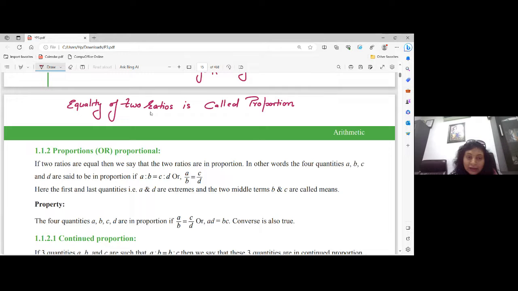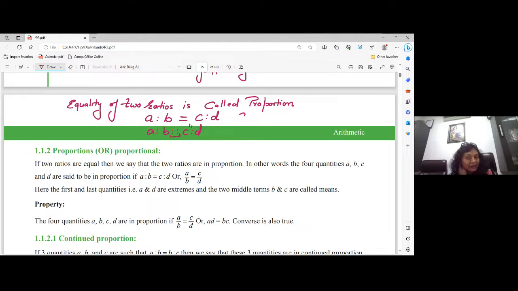Suppose we have one ratio A is to B and a second ratio C is to D, and both are equal. We can represent it in this way, or we can represent it by a double colon as well. This double colon represents proportion.